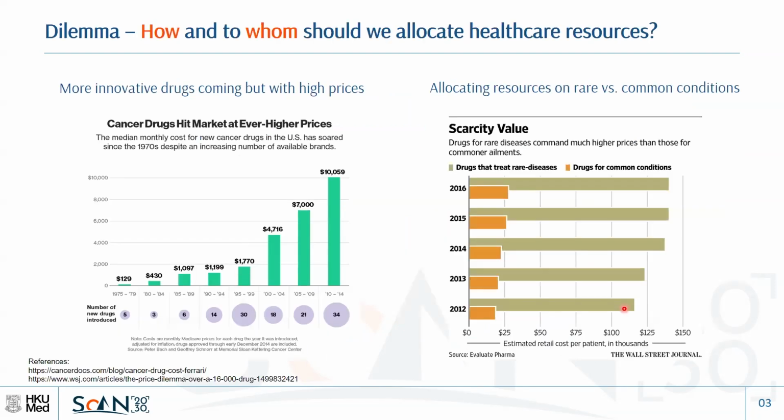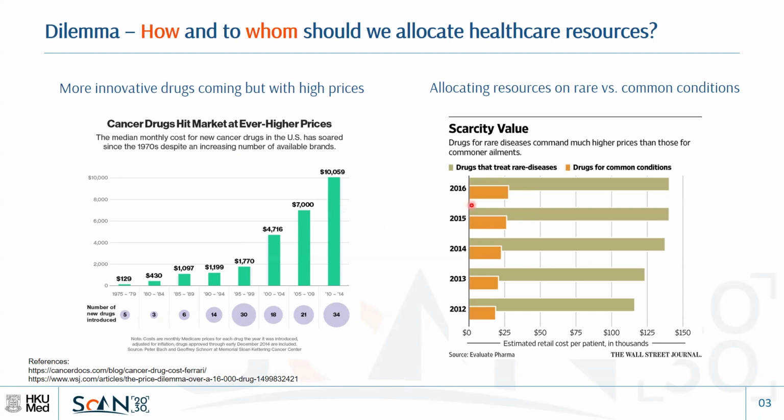Resource allocation in healthcare faces two kinds of dilemma. The first is that there has been an increasing number of approved innovative therapies, but their costs when hitting the market are also increasing. With scarce resources, how do we know which drugs have a cost that is justifiable by their health benefits? Which one has high value for money to be included in our formulary or reimbursement plans?